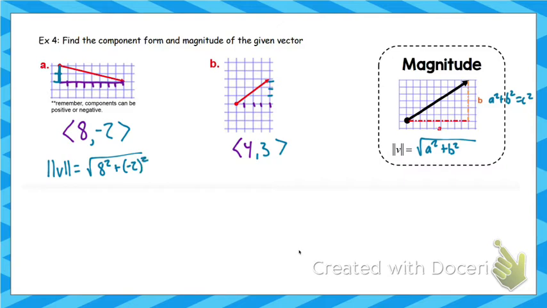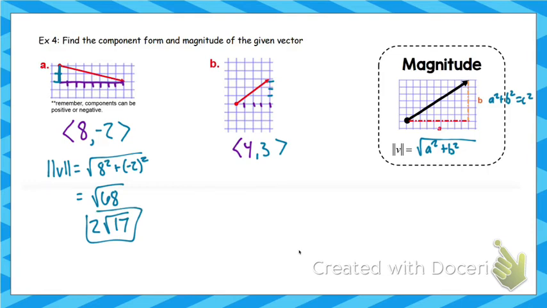We do have to put it in parentheses because we're never going to get a negative in the square root. So that would be the square root of 64 plus 4, which would be the square root of 68, which we can reduce by taking out a 4 and make that 2 square roots of 17.